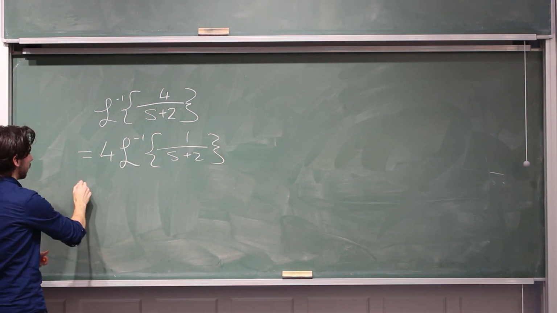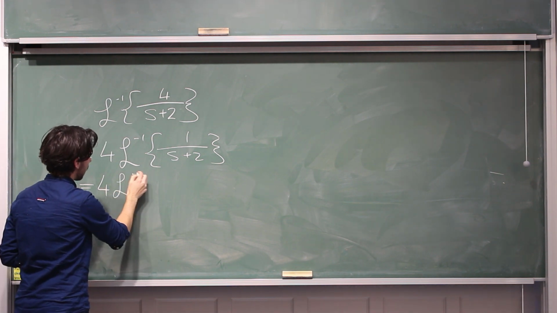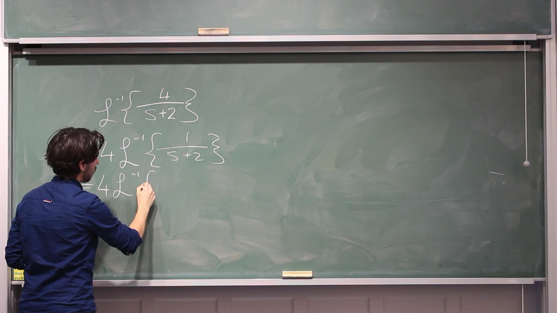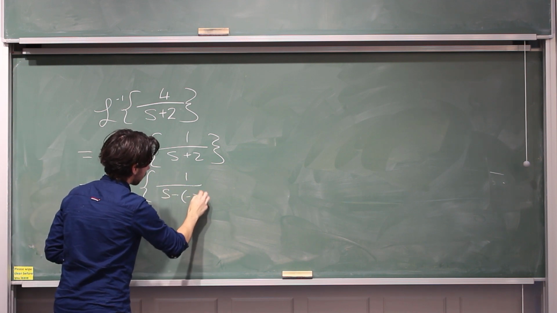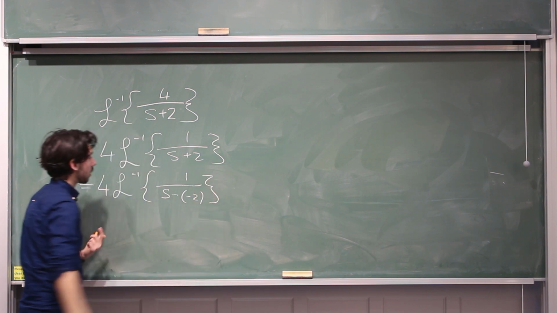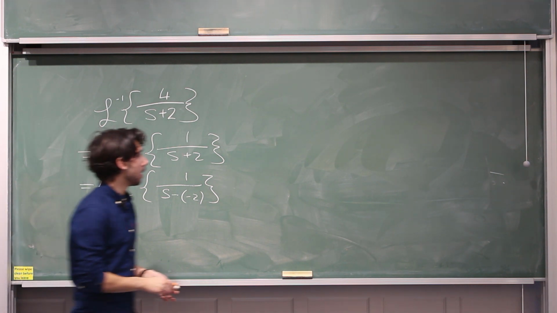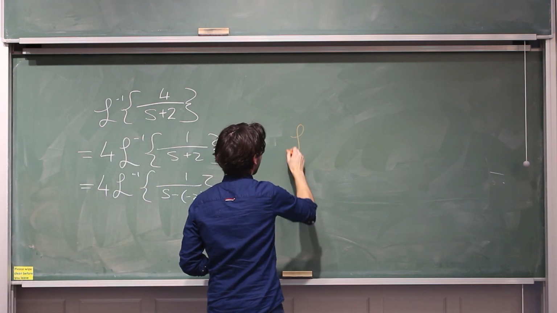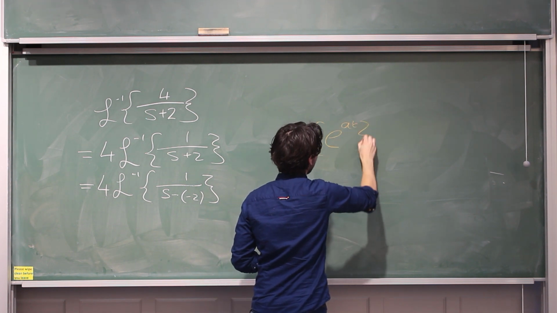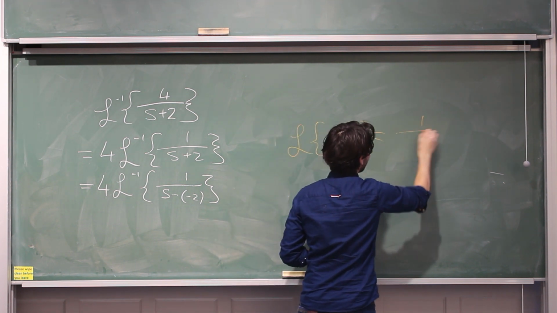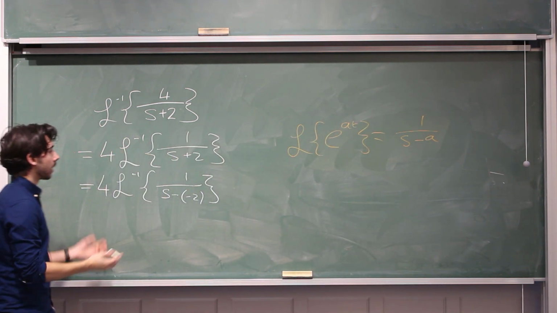And then guys, I'll explain my reasoning in a moment, but I'm going to write this as the inverse Laplace transform of 1 over s minus minus 2, right? Because that would be 1 over s plus 2. It's just minus minus. Why have I done that? Well guys, because the Laplace transform of e to the a t is 1 over s minus a. Any similarities?